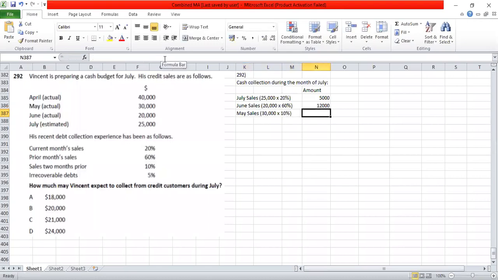So 30,000 into 10%. 5% anyway is irrecoverable, that is bad debts. So the total amount which is collected is 20,000. So cash collection during July.